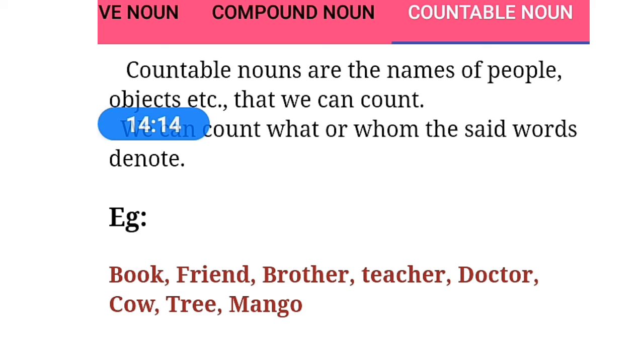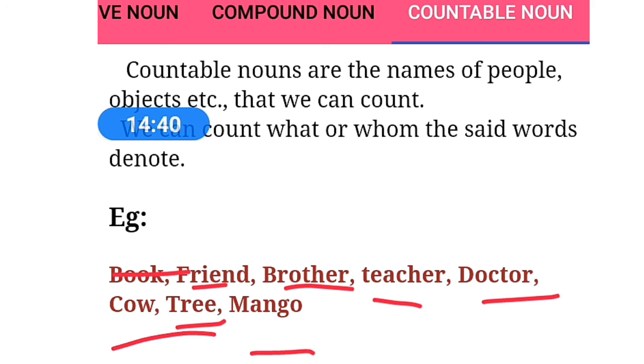There are various examples which we have given here. See, book. Book is a countable noun. Friend is a countable noun. Brother, we can count our brothers. Therefore, it is a countable noun. Teacher, countable noun. Doctor, countable. Cow, countable. Tree, countable. Mango, we can start counting mangoes on the tree.